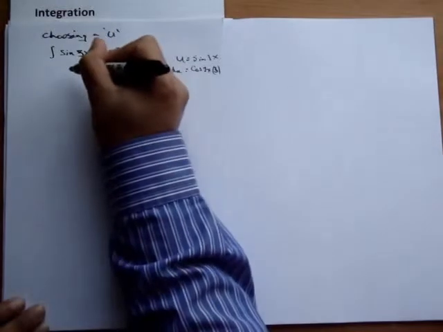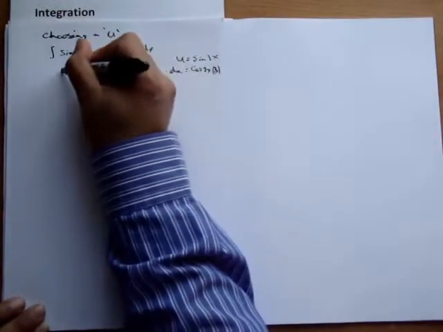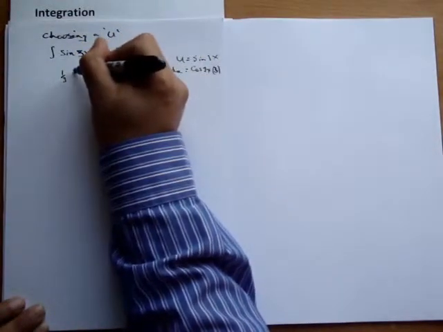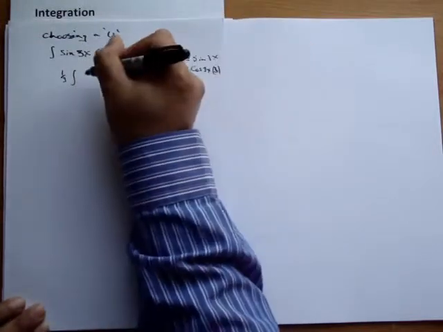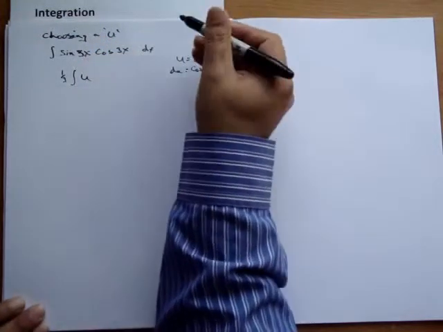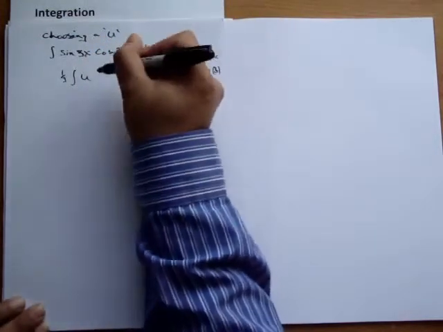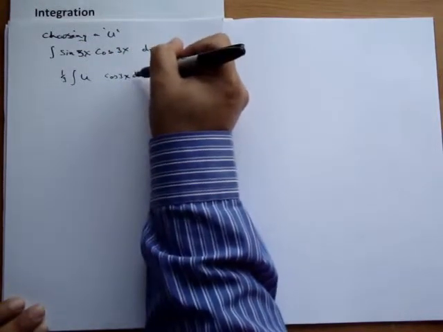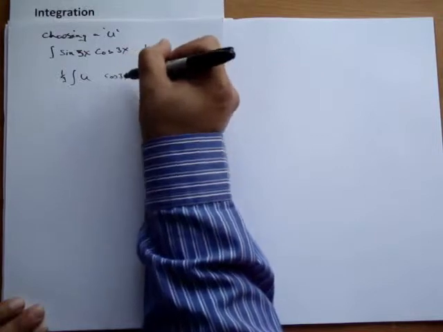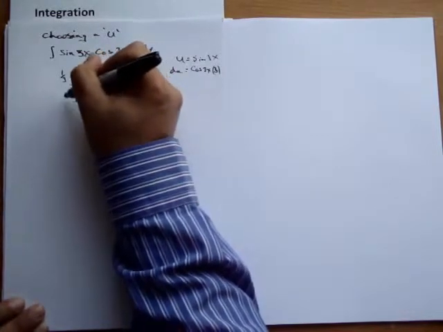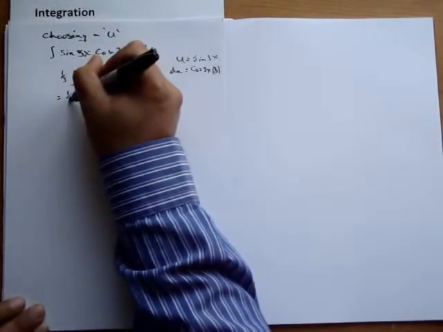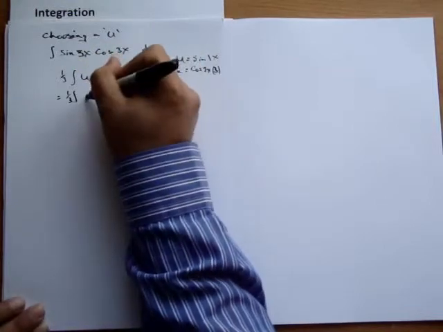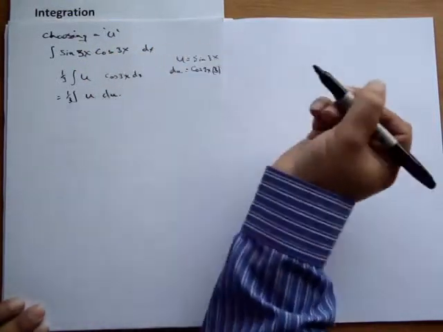So this becomes 1/3 the integral of sine 3x, which becomes u, and our cos 3x dx, which remains, that becomes du. So this then becomes 1/3 u du.